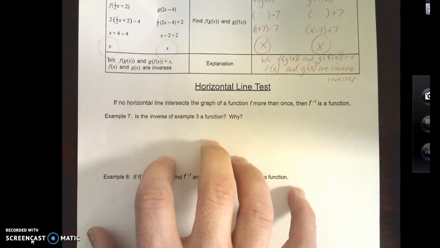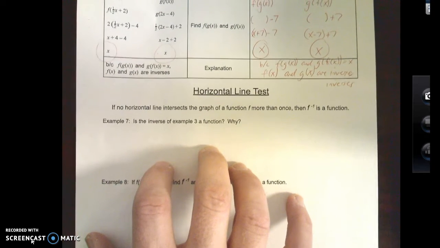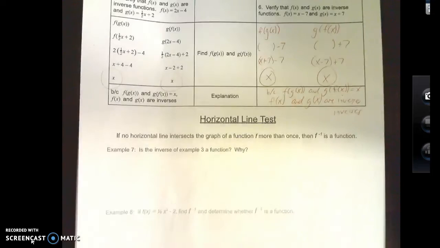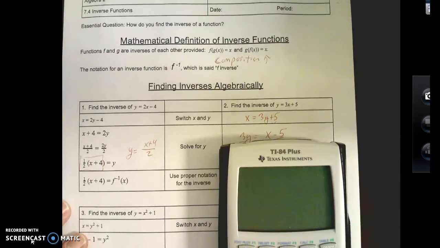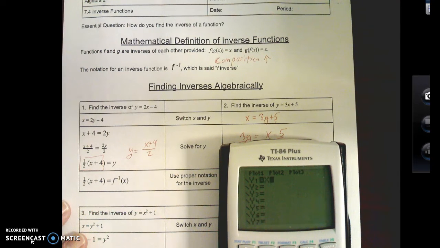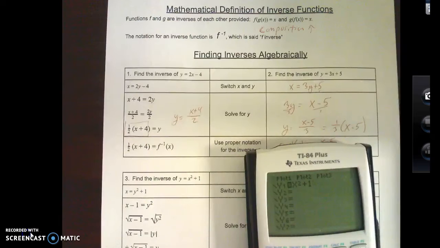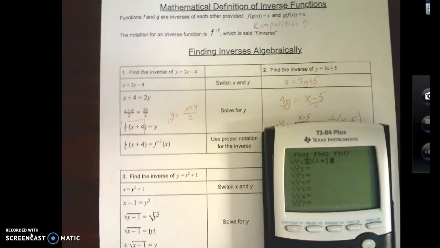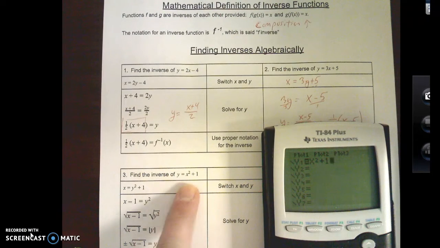All right. So what we're going to do here is take a look at example 3. I'm going to graph x squared plus 1. Now the beauty of this horizontal line test is the fact that I'm only graphing the original thing.